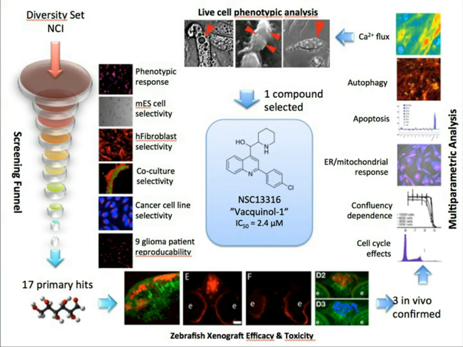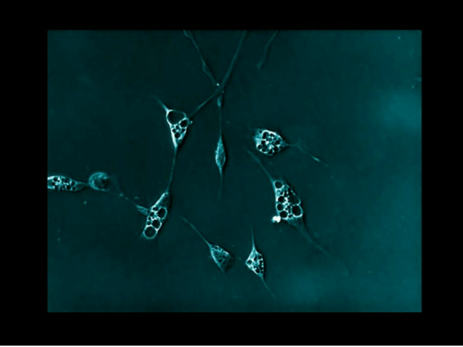And what we saw was one compound, vacquinol-1, which was the most potent in our screen, caused cells to accumulate lots of vacuoles in them. So this compound caused these cells to start accumulating vacuoles uncontrollably. And over the time period, cells started to burst because they could not hold so many vacuoles inside.